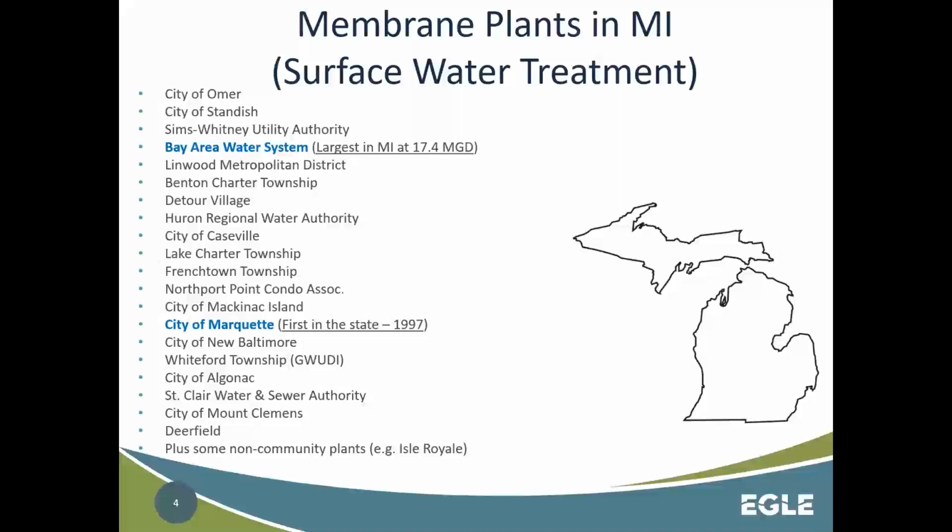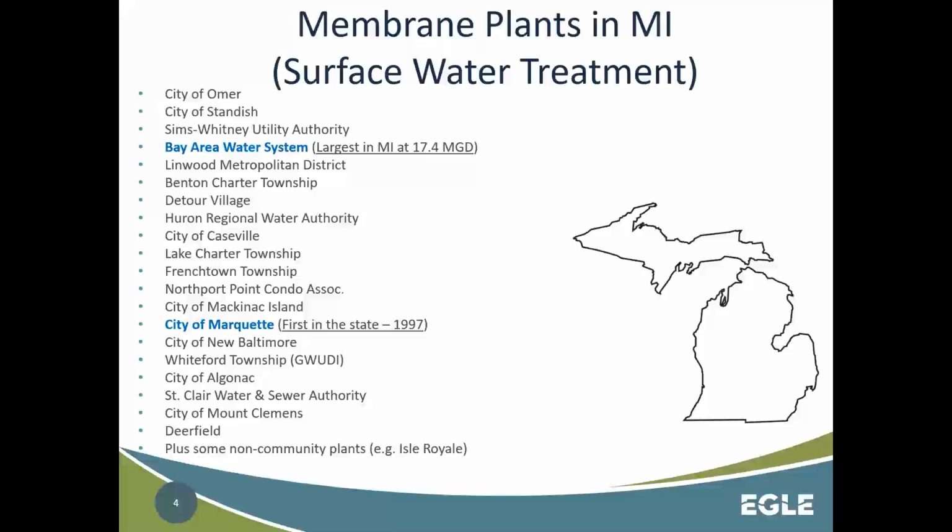Bay Area, that serves Bay City area, is our largest at 17 MGD, and City of Marquette, where I'm located, was the first in the state in 97. And if you're familiar with your Michigan geography, they're located on all the different Great Lakes, as well as the St. Clair River. So we're seeing them all over in Michigan.